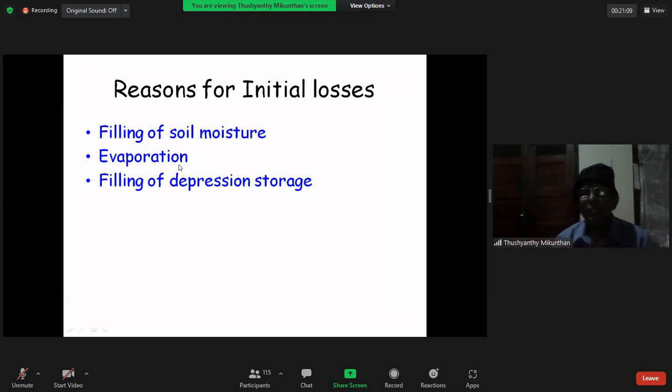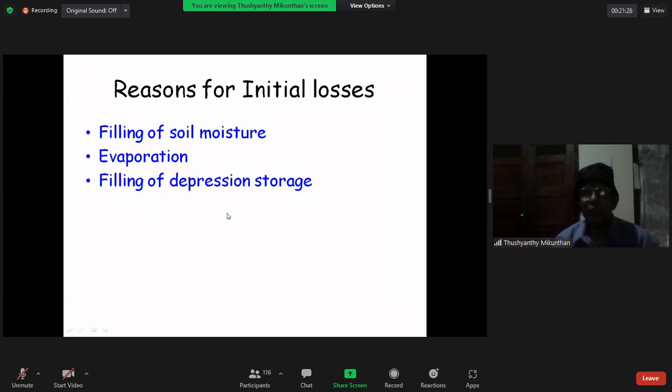Second one, evaporation. Even during the rainfall, after it falls on the ground, there is a chance for evaporation. Then the excess rainfall flows over the soil surface.